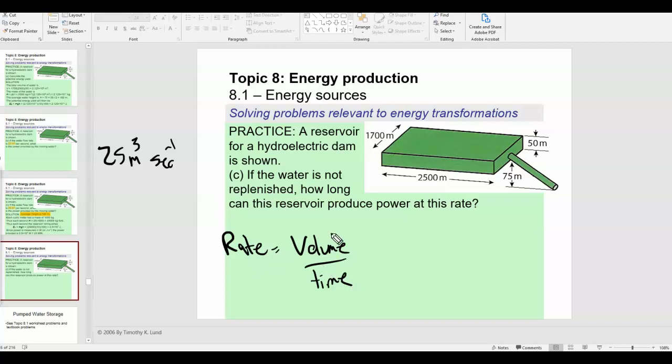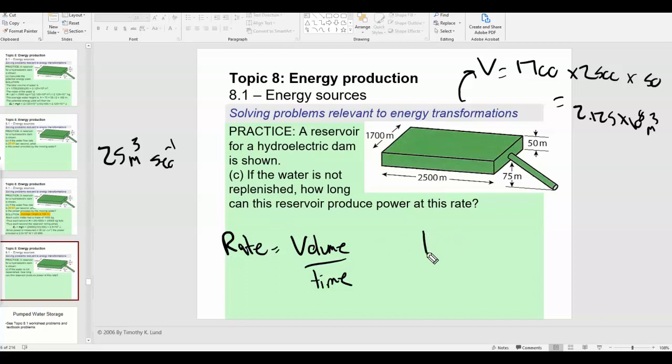All right, I know the rate, and actually the volume I found at the beginning, because that's just 1,700 times 2,500 times 50. And I remember that was a big number. 1,700 times 2,500 times 50 is, here we go, 2.125 times 10 to the 8 cubic meters.